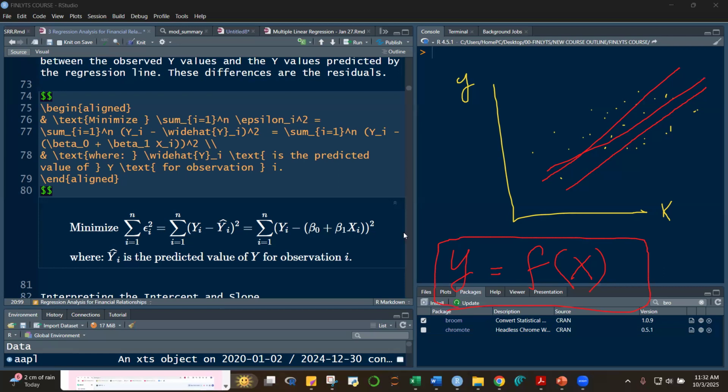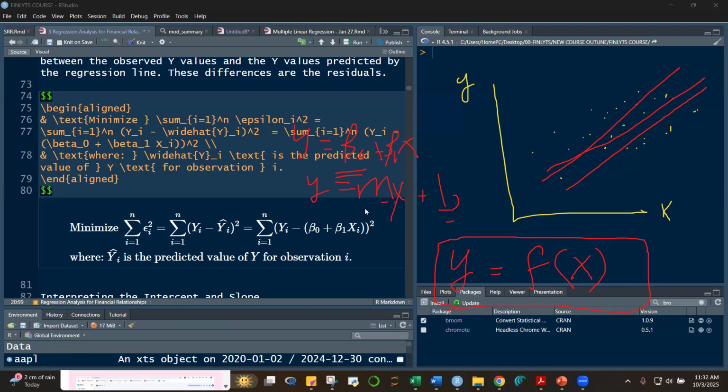And if you recall, you can create a linear function where y is equal to mx plus b. Or in our equation a while ago, y is equal to beta null plus beta 1 times x. This is what you learned in your elementary algebra, which is just the same as this one. Beta null is the intercept, which is this one.